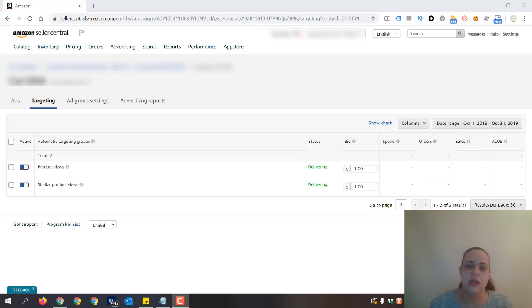That being said, these two targeting options are very different, and your campaign goals are very different. Obviously, if you're going for increased brand awareness, increased sales, increased efficiency of your conversion rates of your listings, then for sure go ahead with the product views targeting group.